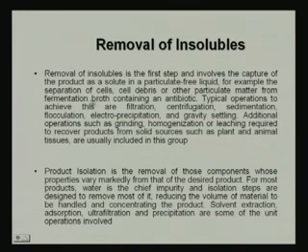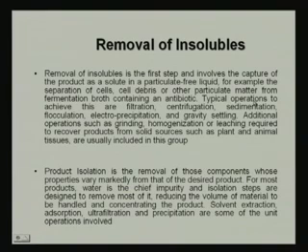For example, the separation of cells, cell debris or other particulate matter from the fermentation broth containing an antibiotic or any other metabolites like industrial enzymes. Typical operations to achieve this are filtration, centrifugation, sedimentation, flocculation, electroprecipitation and gravity settling.